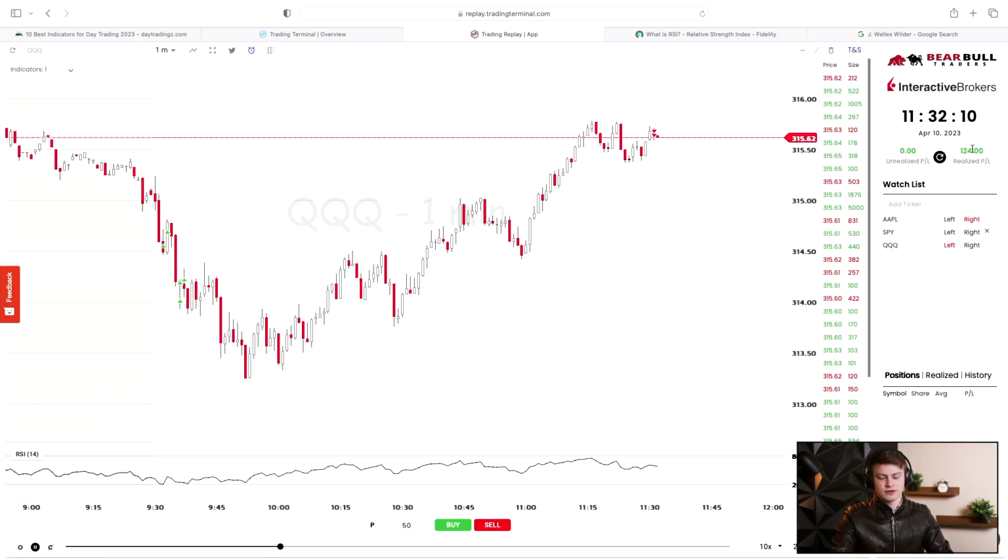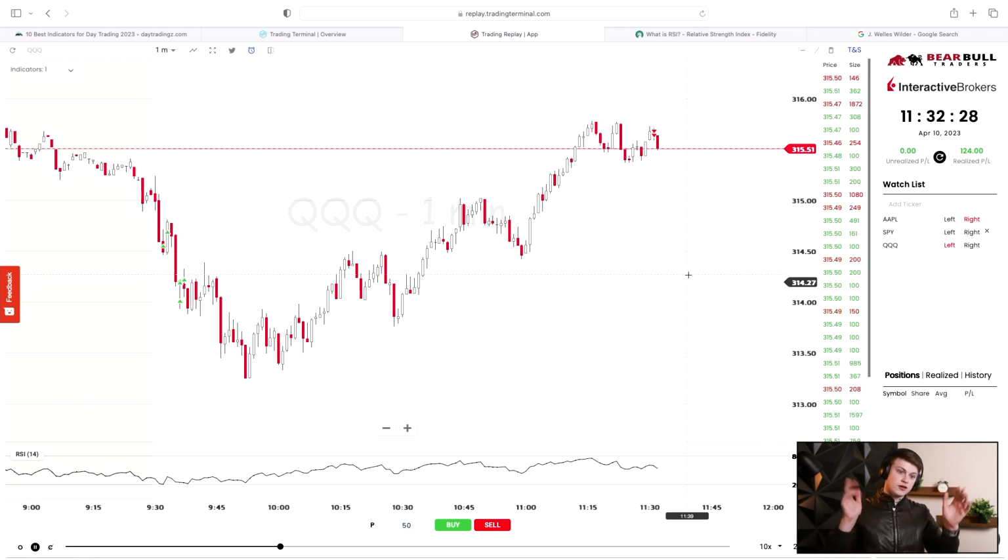Okay. Our realized P&L was $124. And in my evaluation, I don't think we did the best trading the RSI. It was kind of tiny on the screen too, which made it hard to see where the VWAP was going.